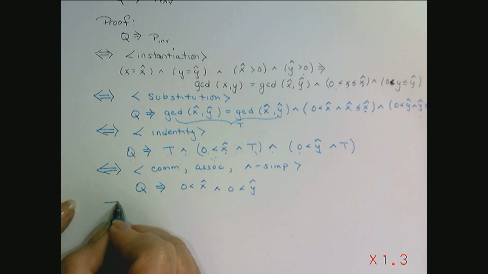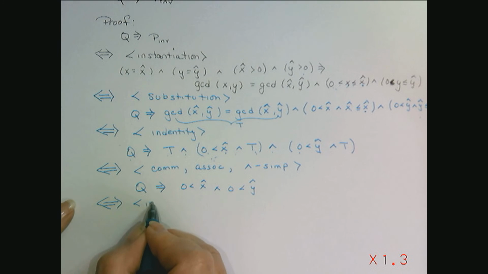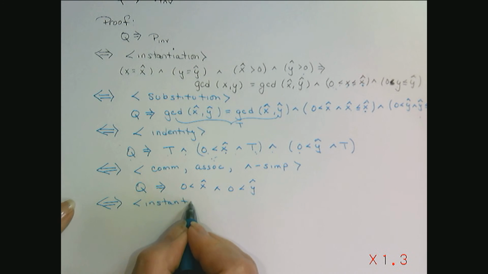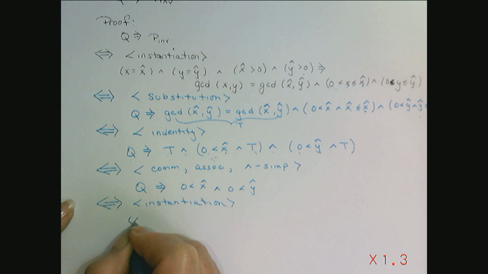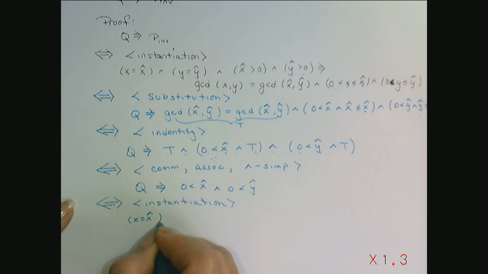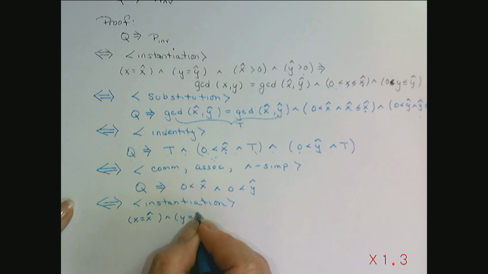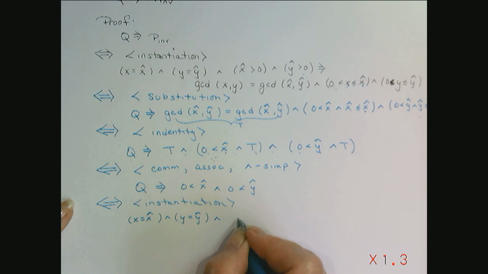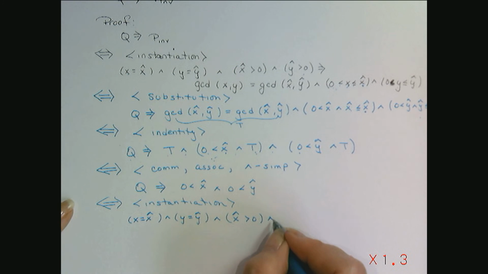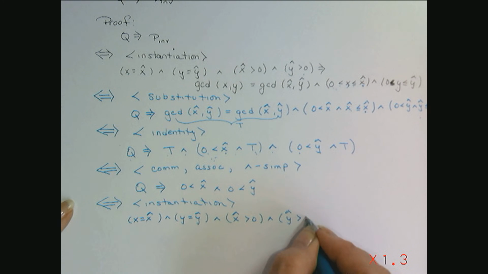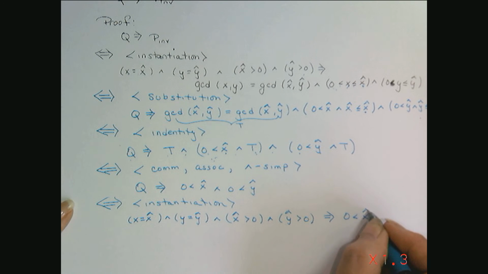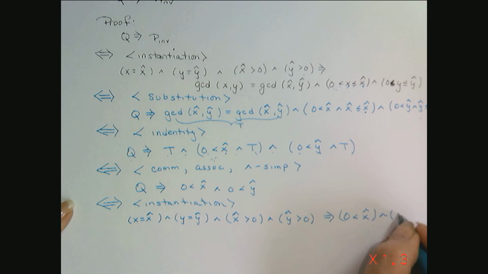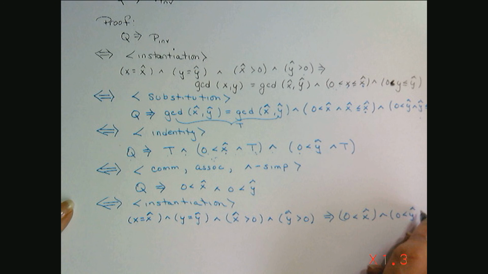Again, by instantiating, just to make sure that I have things in an order where I can see what's going on, this is equivalent to x is equal to x hat and y is equal to y hat, and x hat is greater than 0 and y hat is greater than 0 implies that 0 is less than x hat and 0 is less than y hat.